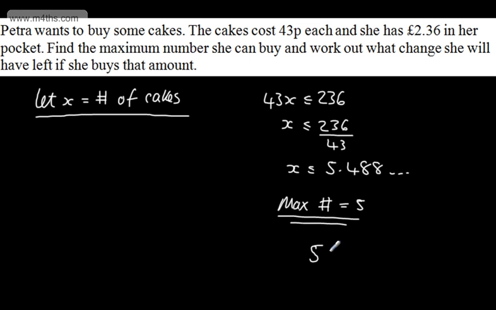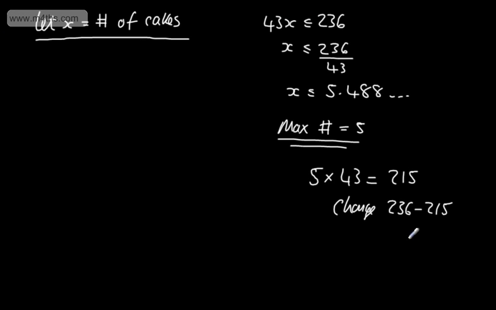All we need to do then is take 5 to work out the change. 5 times 43 gives me 215p. So the change from this is going to be 236 minus 215, which gives us 21p change. So 21p change, and she's bought 5 of them.